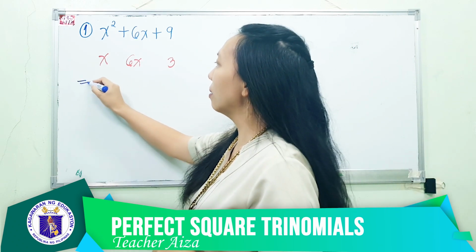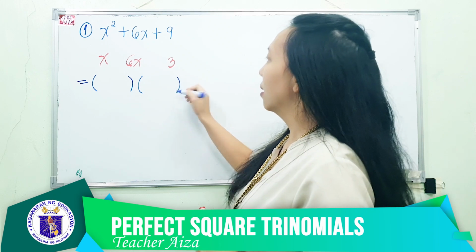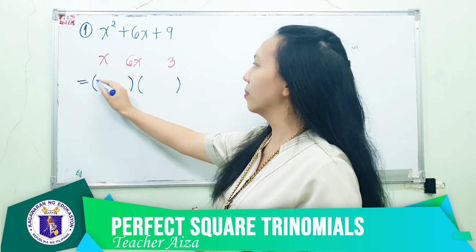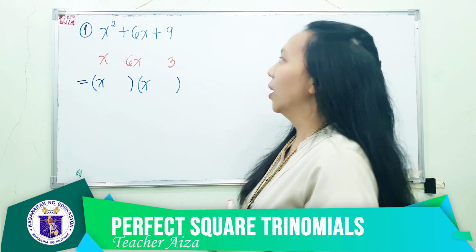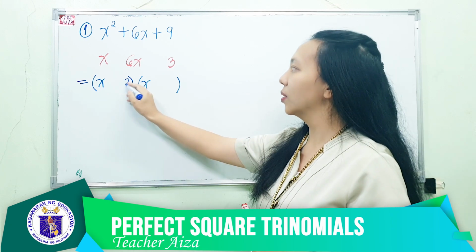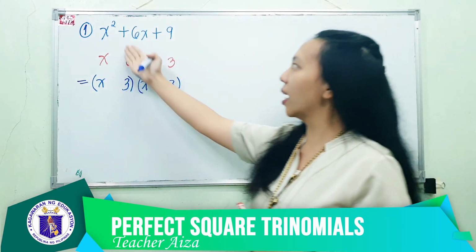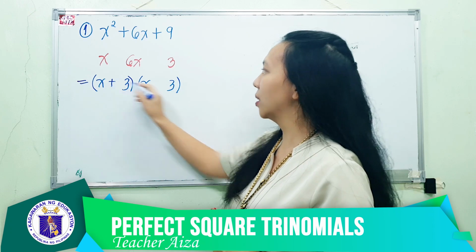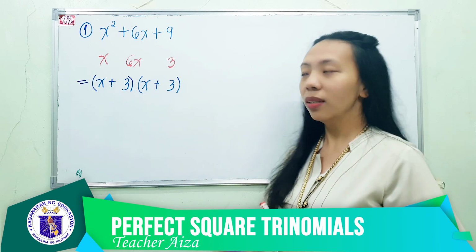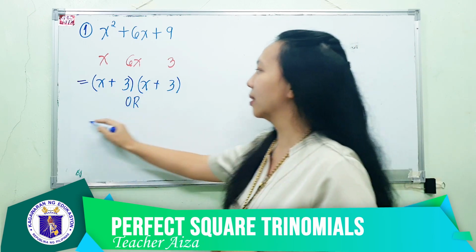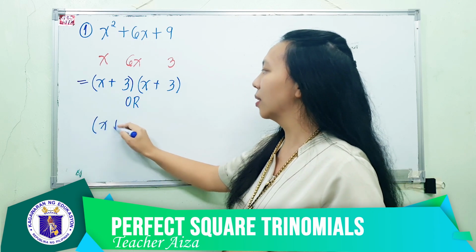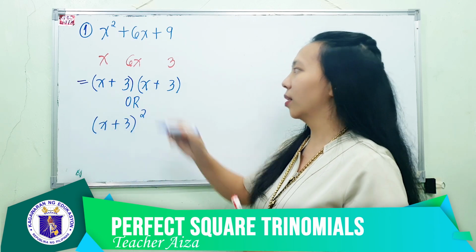We have here the square root of the first term, x, the square root of the last term, 3, and the sign of the middle term, positive. Or we can rewrite that as the quantity x plus 3 squared.